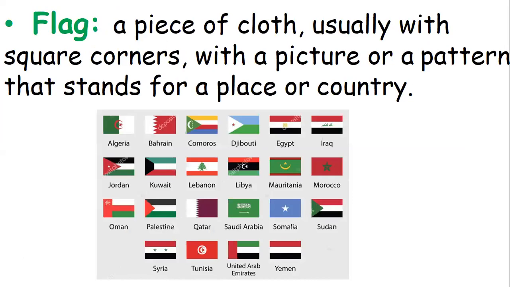Flag. What's the meaning of flag? A piece of cloth, usually with square corners, with a picture or a pattern that stands for a place or country. Okay, you can see down examples of flags.